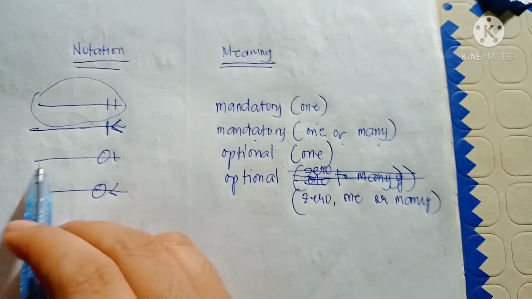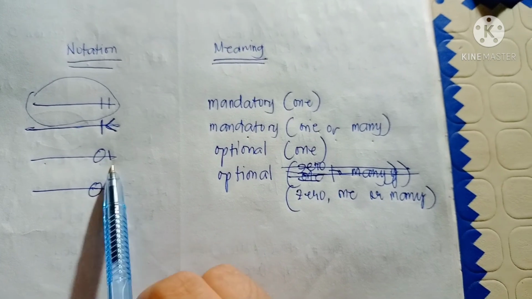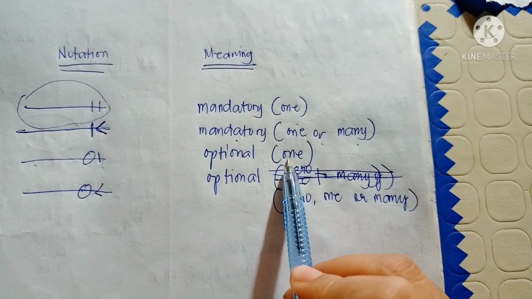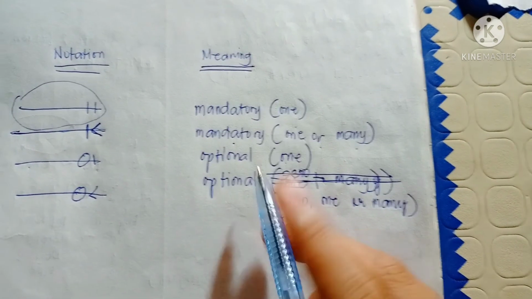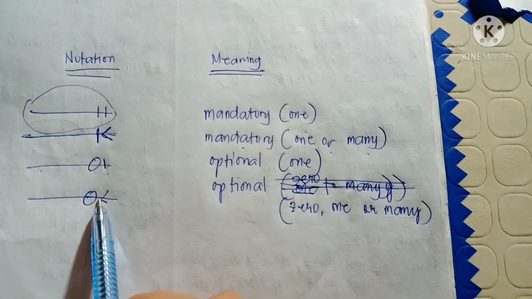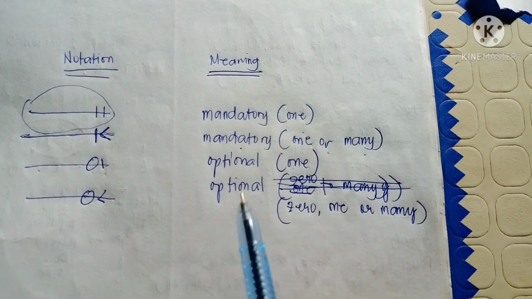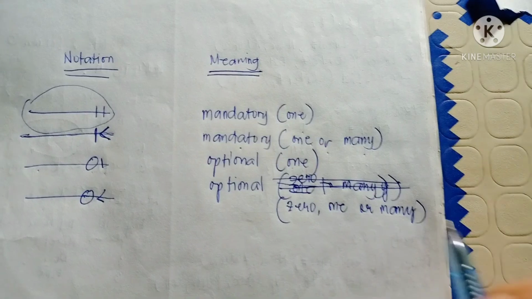And the third one is a straight line with a circle and a line. It is optional one. And the fourth is line, circle, and this sign. It means optional zero, one, or many.